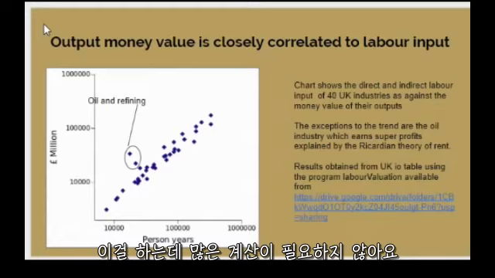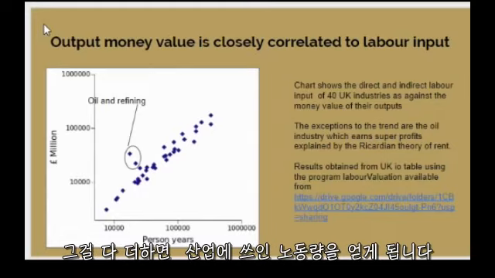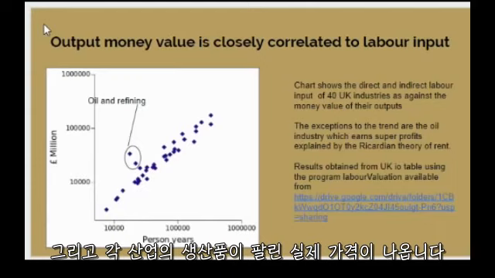And it doesn't take very long to calculate this. When you've done that, you get figures for the amount of labour that was used by each industry, and you have figures for the actual price for which that industry's output was sold.